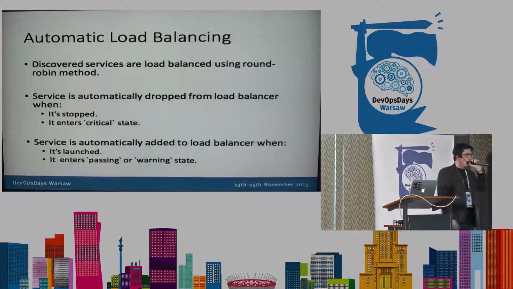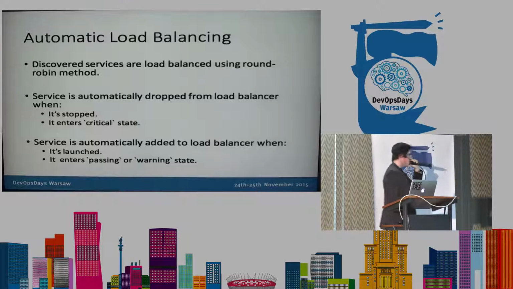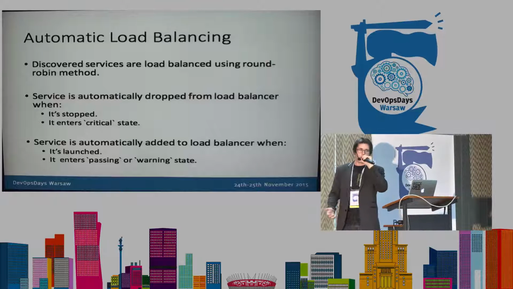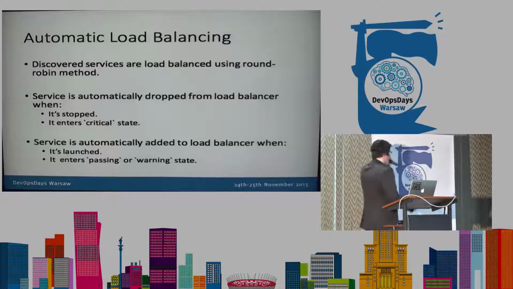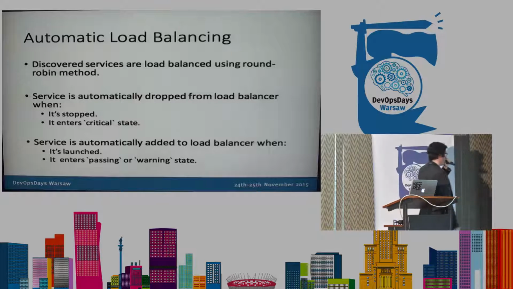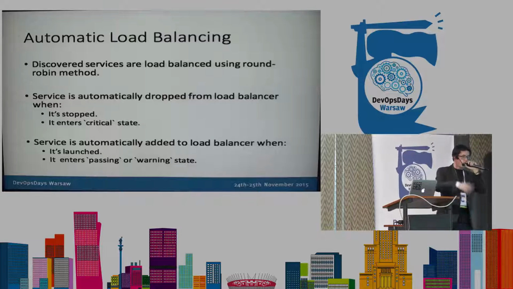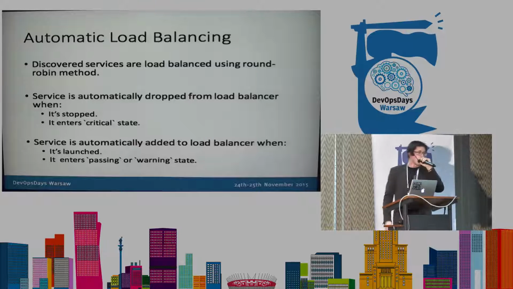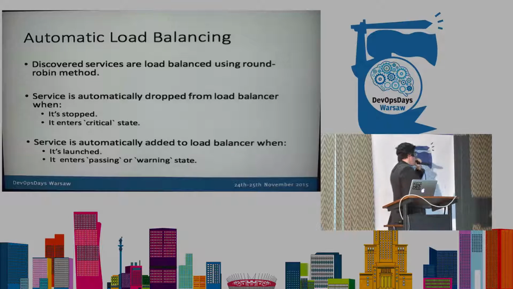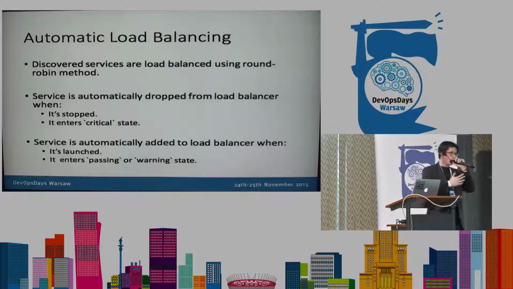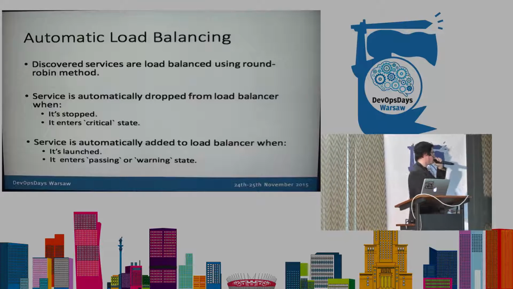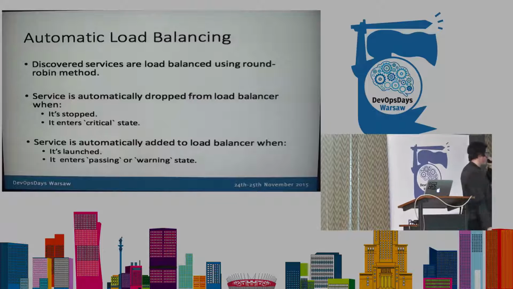It's automatic load balancing. So if we have, for example, two server services and we discover them, they are automatically load balanced in a round robin method. So first, second, first, second. And if one of the servers fails, we stop it or it becomes state critical, some exception, whatever, it's automatically dropped from the load balancer.